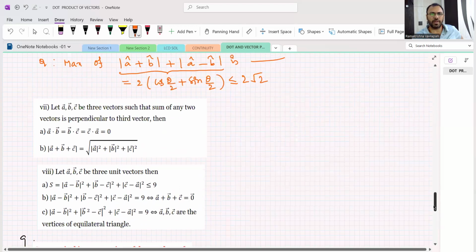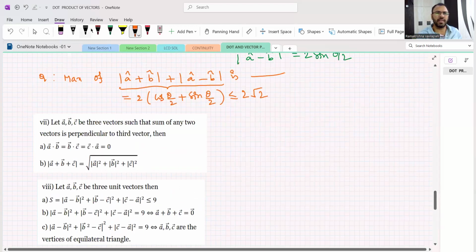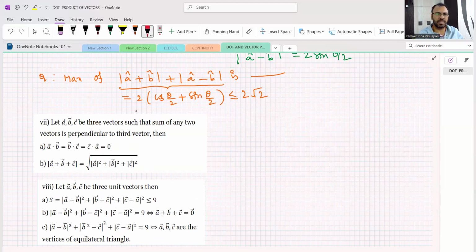Here is one more important concept. A bar, B bar, C bar be 3 vectors such that sum of any 2 vectors is perpendicular to the third vector. Then they are mutually perpendicular vectors. Nothing but A bar dot B bar equal to B bar dot C bar equal to C bar dot A bar equal to 0.